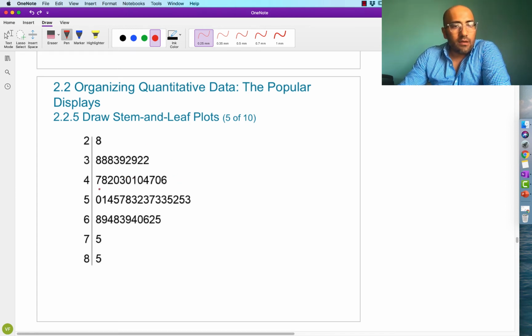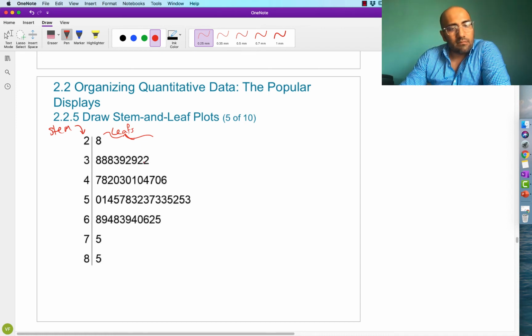Okay, so these numbers over here are the ones we call the stems. Stem is these numbers, the 2, the 3, the 4, the 5. And the leaves are these values over here, the decimal last points. Leaves are these guys.